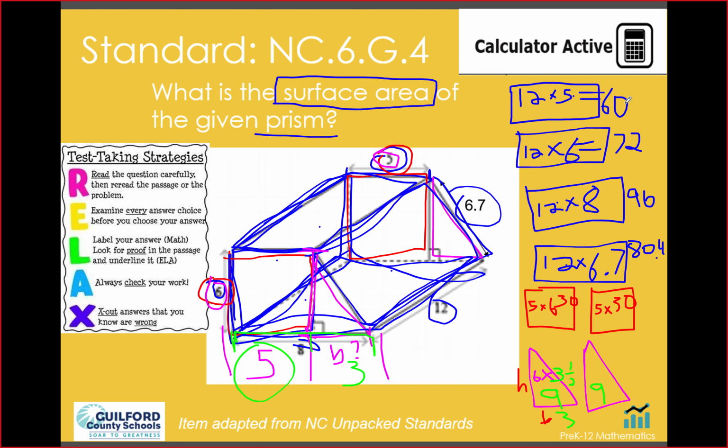So we have to add the 60, the 72, the 96, the 80.4, the 30, and the 9 and the 9. So using a calculator, you can add all of those up. And what did you get?